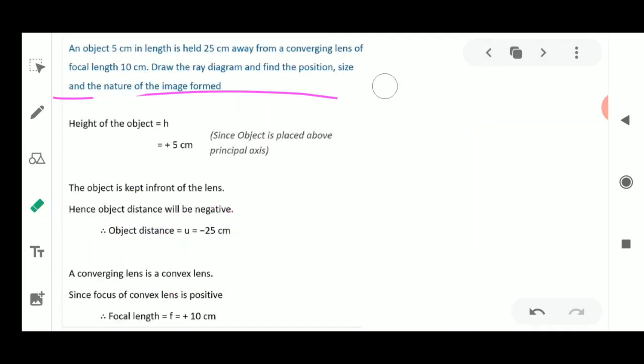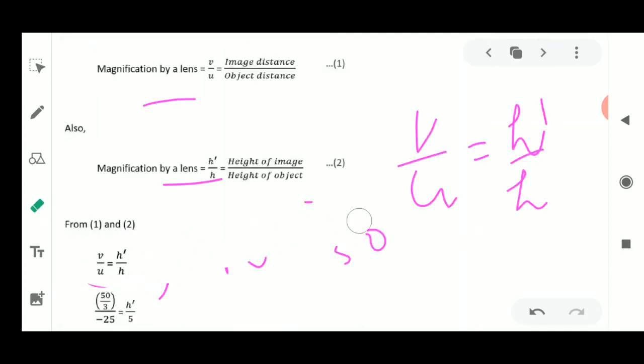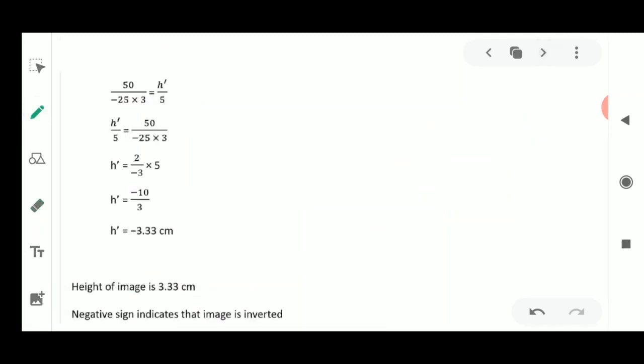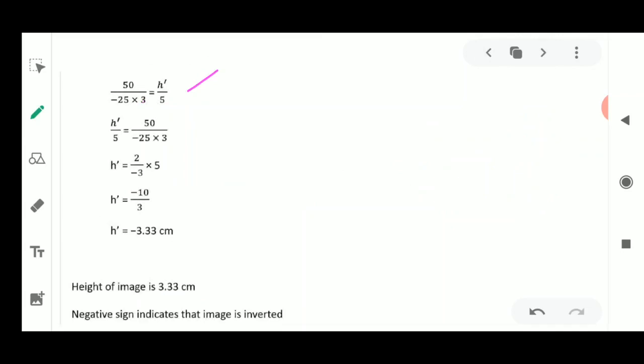Next, we need to get h dash. We are going to simplify this and find h dash. Here we cross multiply and solve. After cross multiplying we get 50 upon minus 25 into 3 as the denominator, equal to h dash upon 5.